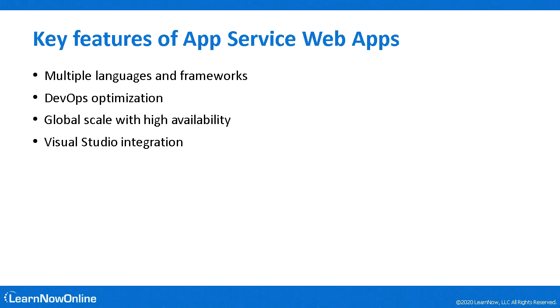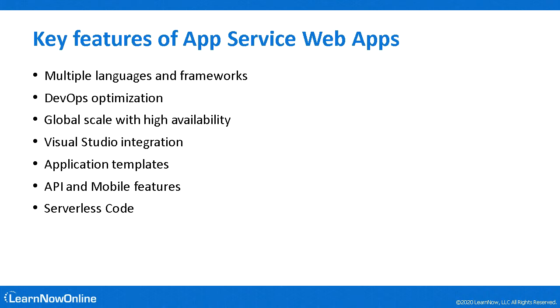We can integrate this with IDEs like Visual Studio. We have many flavors of application templates available. We have API and mobile features integrated, and that's the reason we have API apps and mobile apps as well. Not only that, we have function apps in Azure, which are nothing but serverless code integrated with your app services.